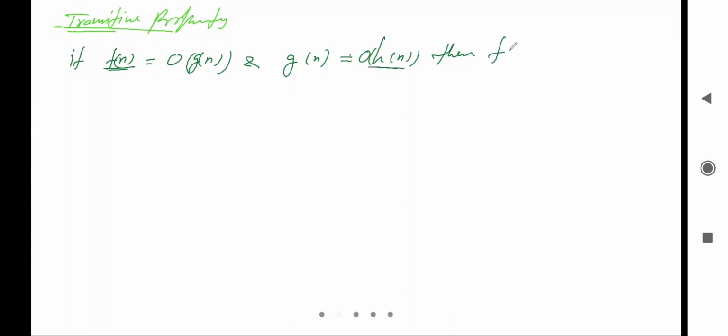In that case we can say it is holding the transitive property, right? So in case of big O notation, what will happen? Will it follow the transitive property? Can you tell me? Will it hold the transitive property?